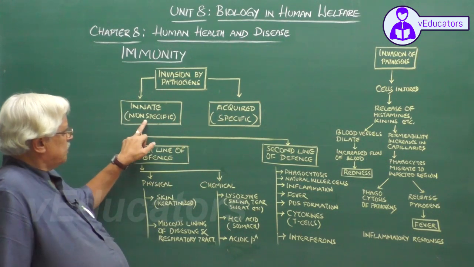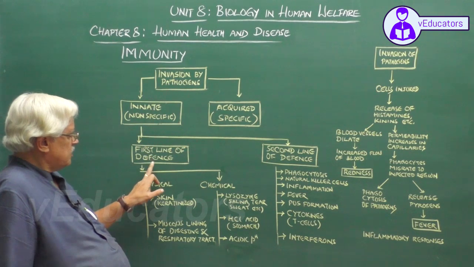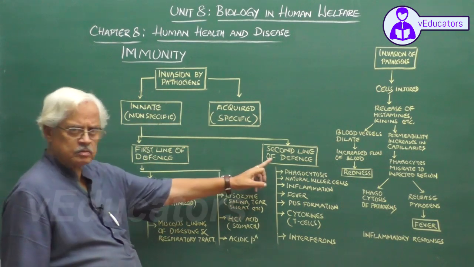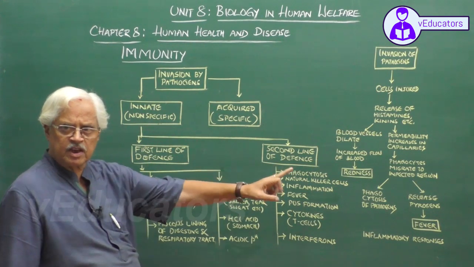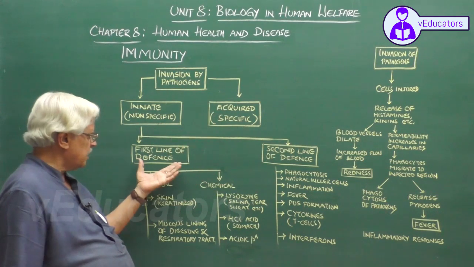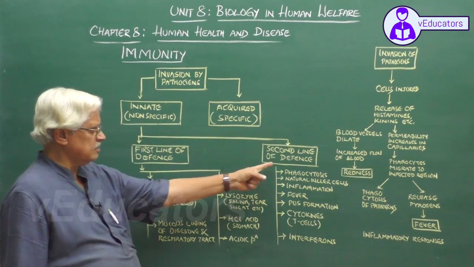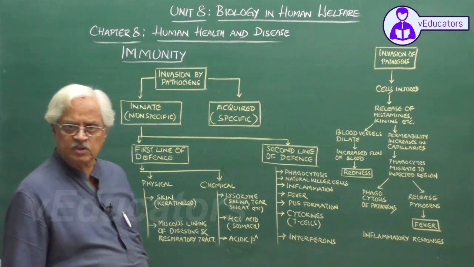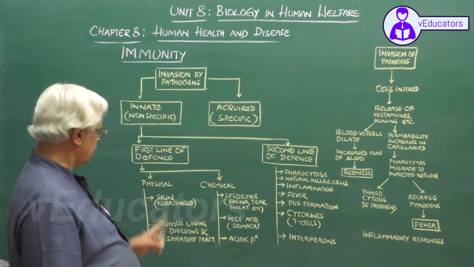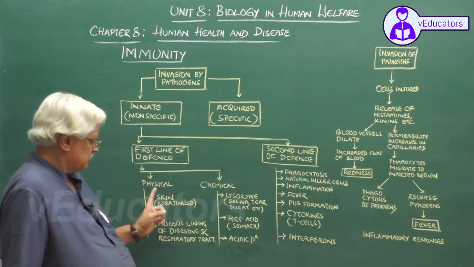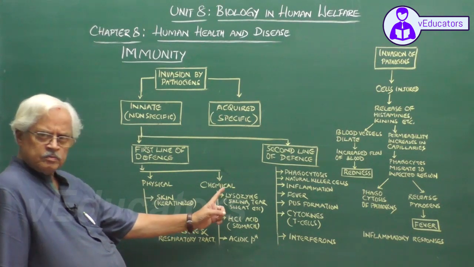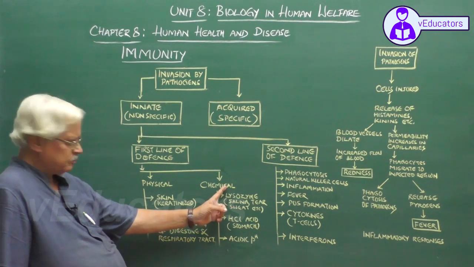In innate immunity, there is a first line of defense followed by a second line of defense. If the first line of defense fails, the second line of defense takes over. In the first line of defense, there are physical and chemical mechanisms.